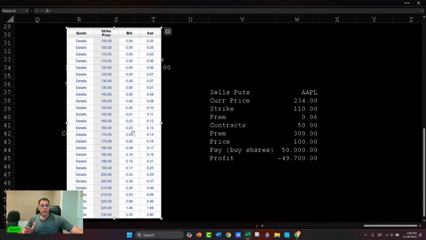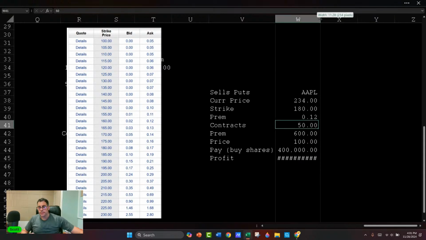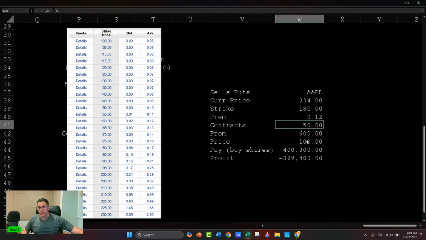So it's 234. So you do the 180 strike, and it's only what, 2-3 months out, and the premium is like 12 cents. So you get a 600. If you sold 50 contracts, if it hits 150, you lose $150,000, but you do collect a $600 premium.